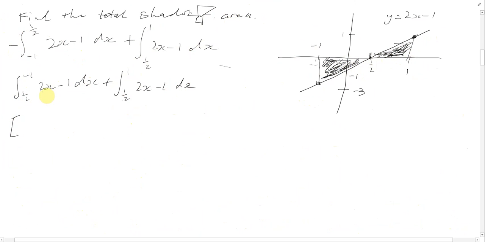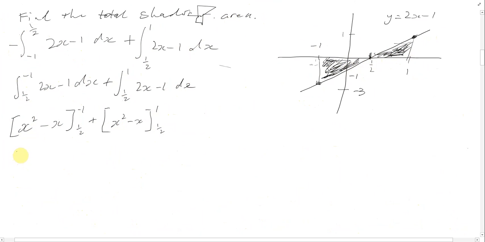So to anti-differentiate 2x is going to be x squared, and minus 1 is going to be a minus x, between a half and minus 1, plus, obviously this is going to be the same thing, x squared minus x, this time between a half and positive 1.